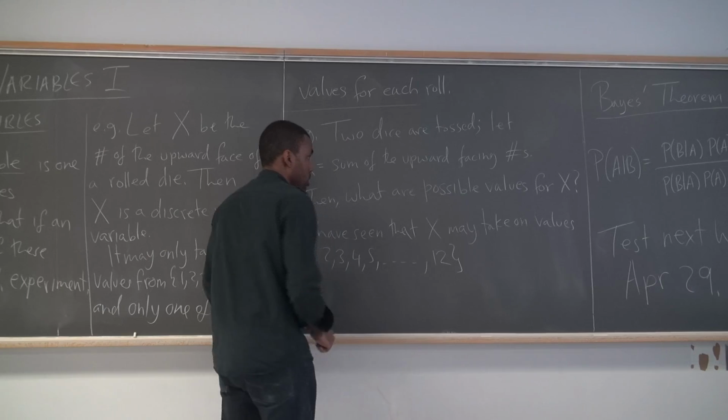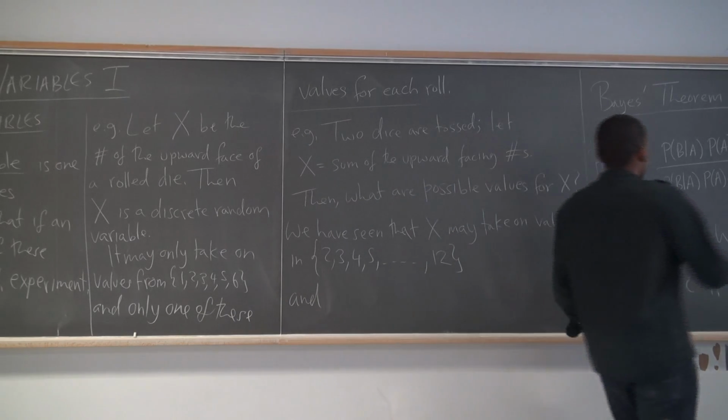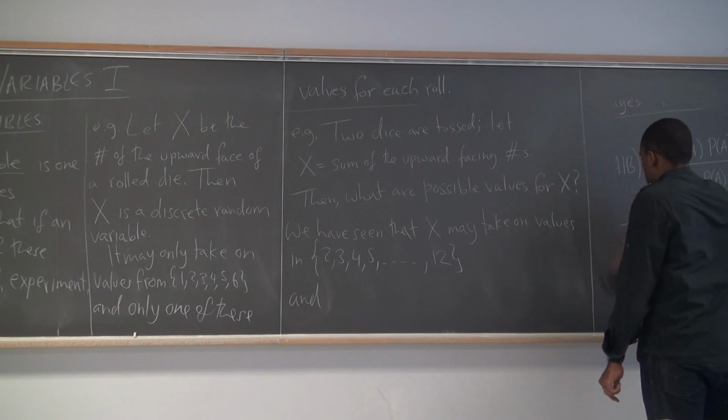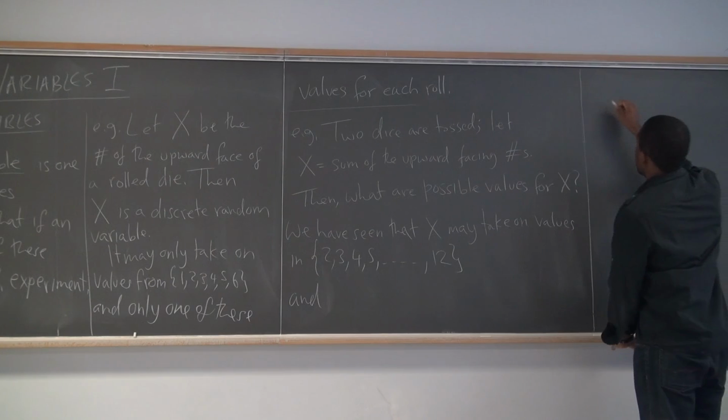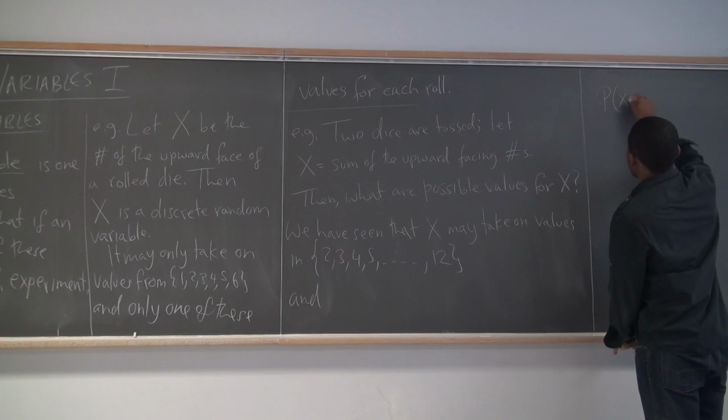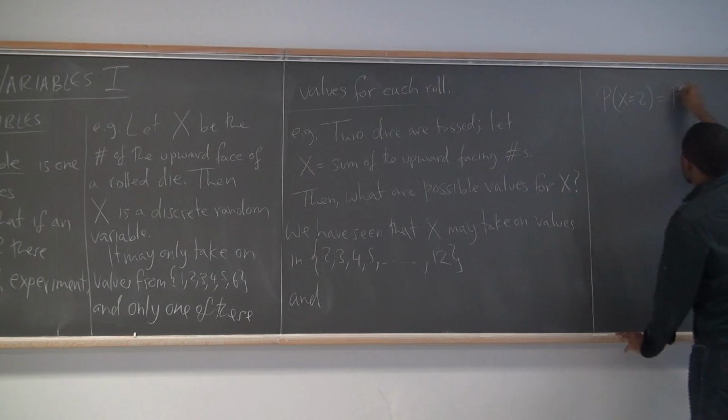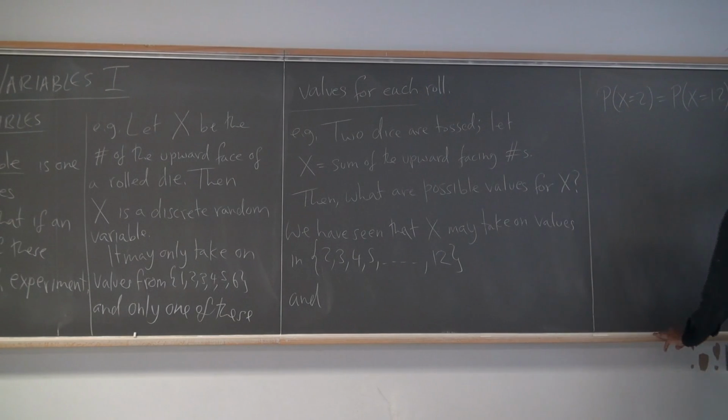And we saw something else: the probabilities. The probability that x equals 2 is equal to the probability that x was 12, which was 1 out of 36.